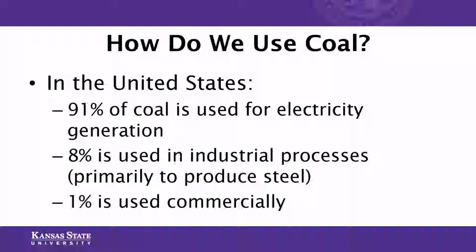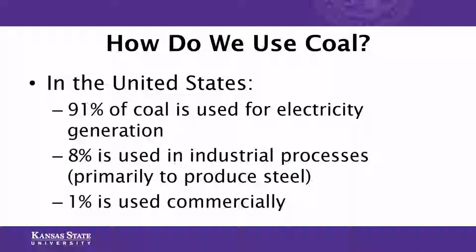What do we use coal for? Here in the United States, 30% of our electricity comes from coal, but 91% of all coal that's mined in the United States is used for electricity. So even though we're only getting about 1/3 of our electricity from coal, almost all the coal that we mine and extract is used for that.